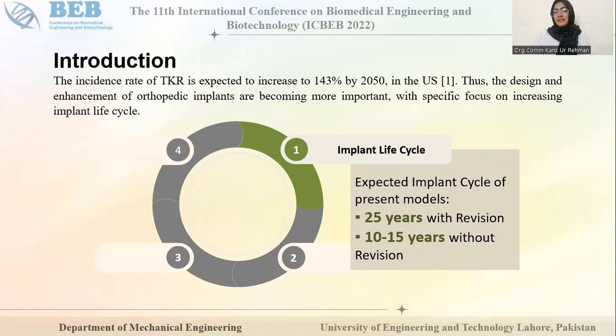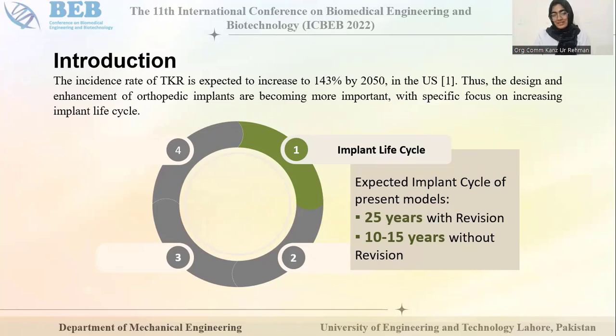So basically, the incidence rate of TKR is expected to increase to 143% by 2050 in the US alone. This necessitates further work with a specific focus on increasing the life cycle of orthopedic implants such as knee implants.